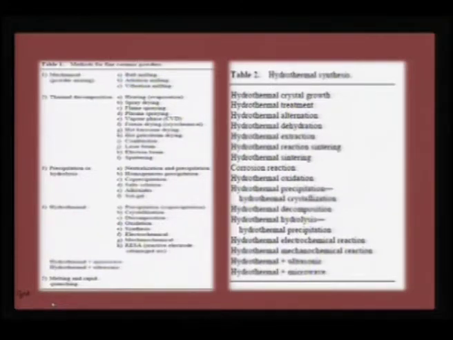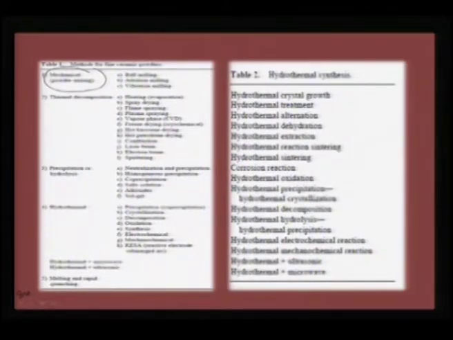Now, where does hydrothermal synthesis stand? If you look at the conventional methods for fine ceramic powders, the top down approach is mechanical milling, where you start from powders of irregular size and shape, and then you ball mill it and try to get it in nano size.